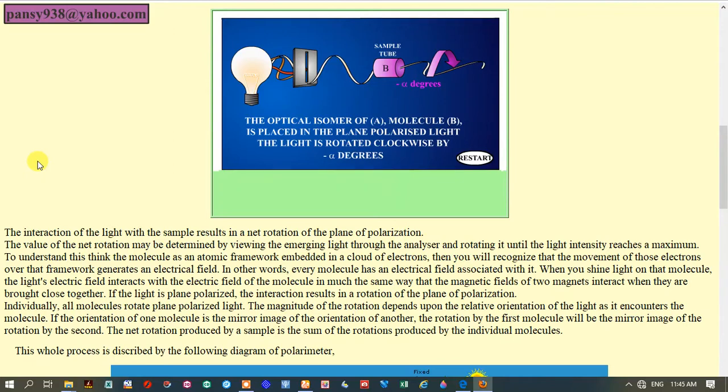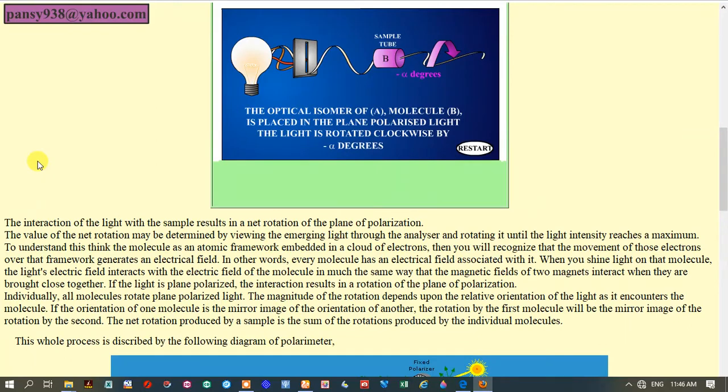To understand this, think that a molecule has an atomic framework embedded in a cloud of electrons. Then you will recognize that the movement of those electrons over that framework generates an electric field, or simply, every molecule has an electric field associated with it.